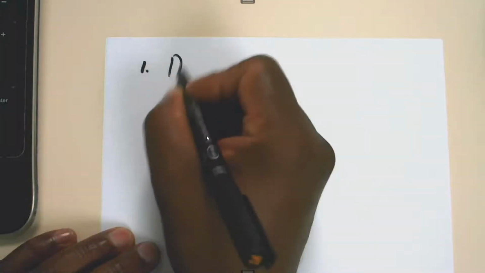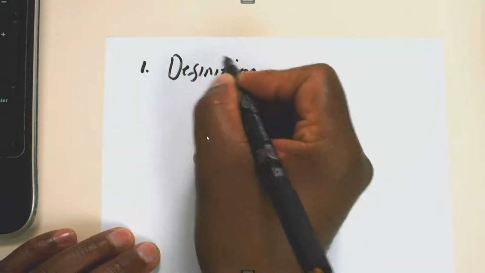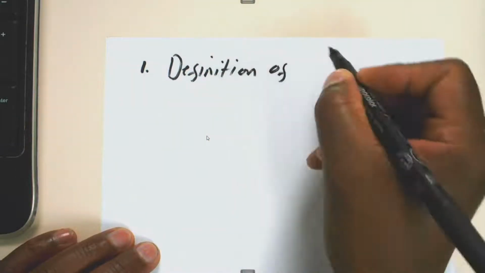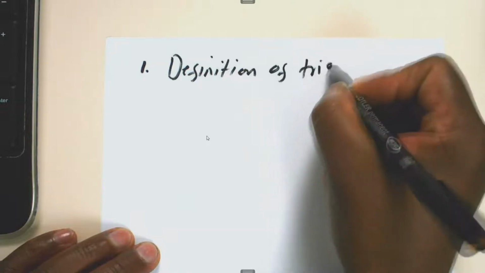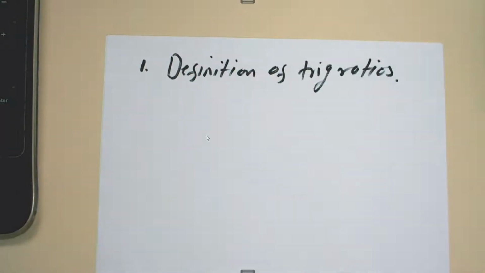For us to solve three-dimensional problems, 3D problems, it requires us to know the following. Number one, learners must know the definition of trig ratios. What do I mean by that? Learners must be able to define sine, cosine, and tangent in terms of the sides of a right-angled triangle.